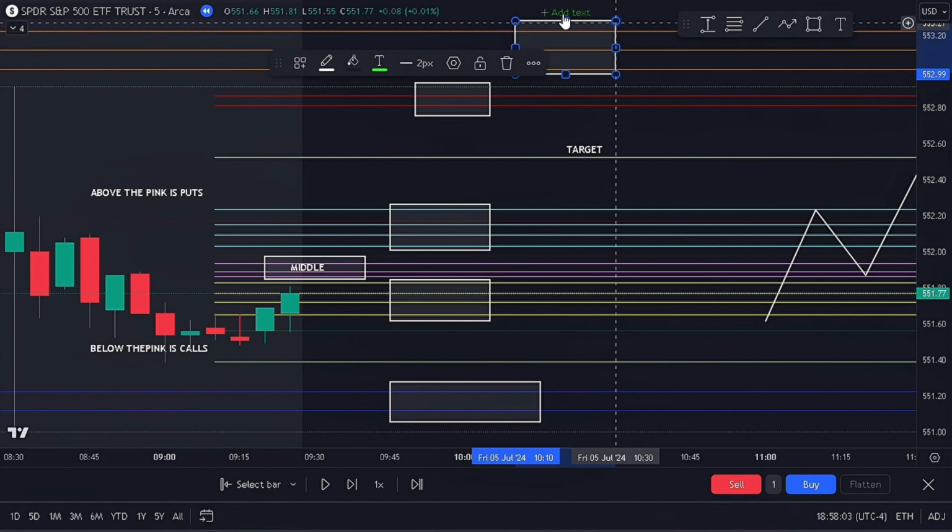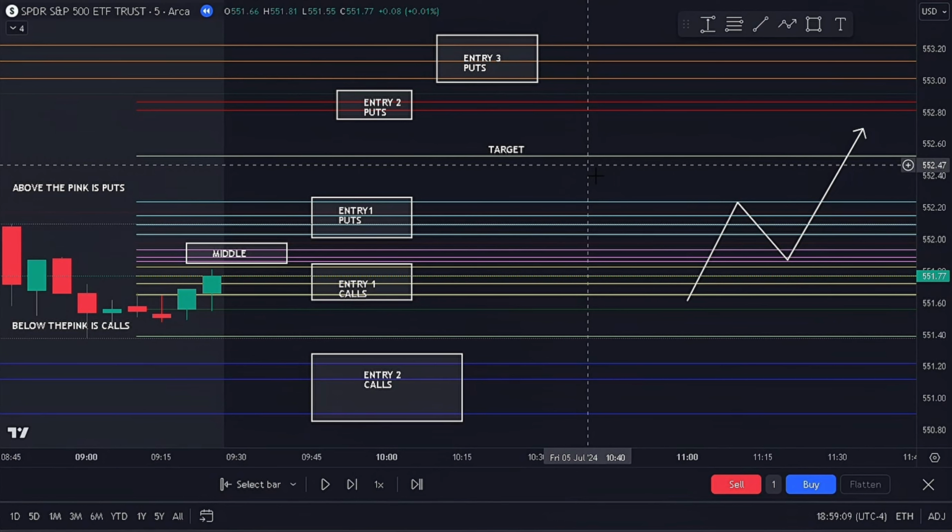And then this one would be entry 2 for calls. And finally, entry 3 for puts. Now there is no entry 3 for calls because the algo didn't give me any indications for an entry 3, so we're going to leave it as entry 2 being your lowest point. If there is an entry 3, then I will let the members know in the Discord.